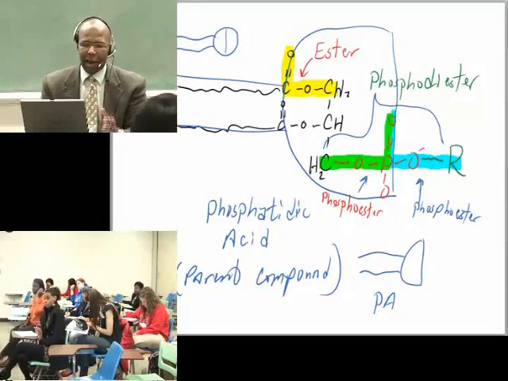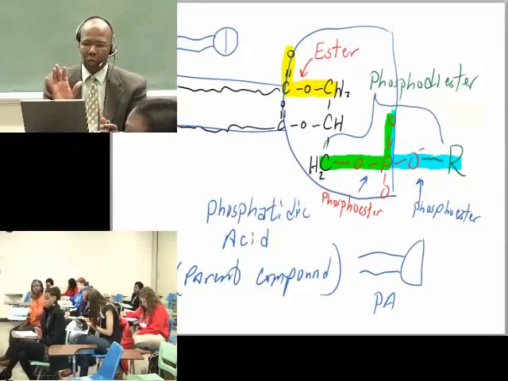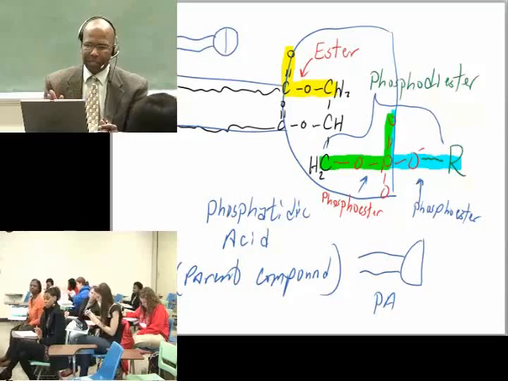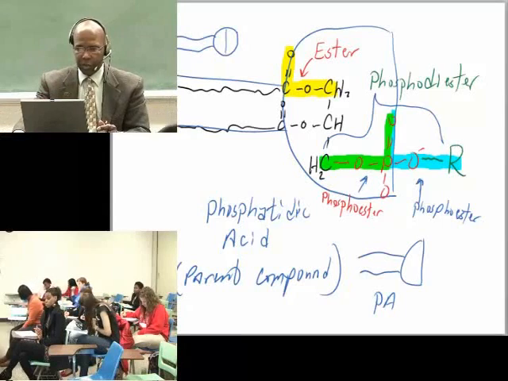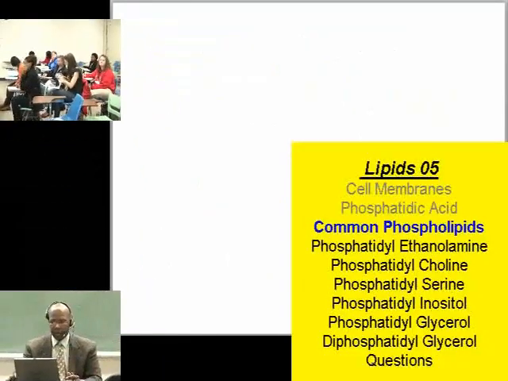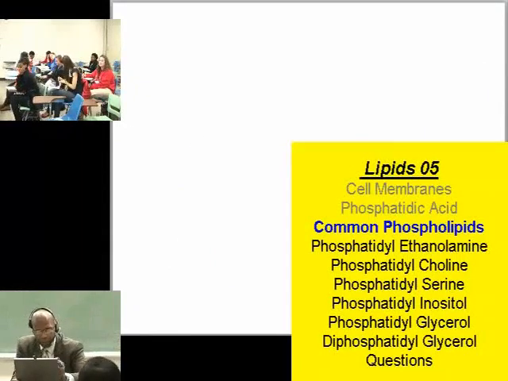Now let's look at our 8 phospholipids. Okay. What I'm going to do here is a rough drawing of them first, the 8 phospholipids.